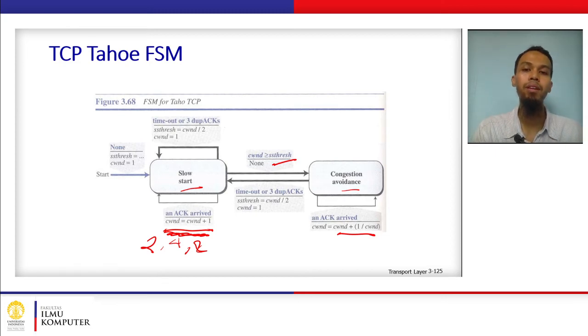We only increase one segment after every transmission round. If any packet loss is detected, whether we are in slow start at the moment or in congestion avoidance, we always go back to the slow start state, whether the packet loss is detected by a timeout or by the triple duplicate ACK.